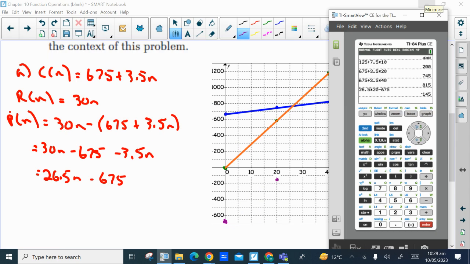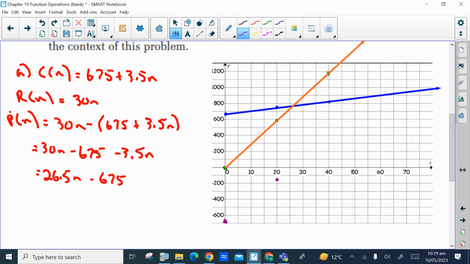Next, I will let n equal 40. So 40 comma 385, just below 400. Let's do one more.